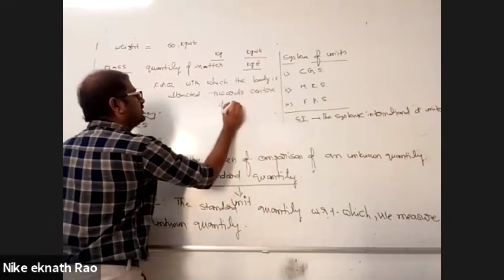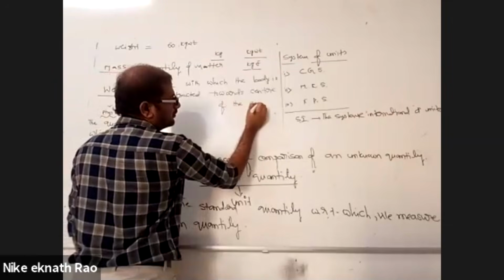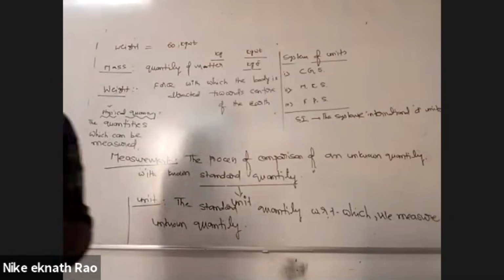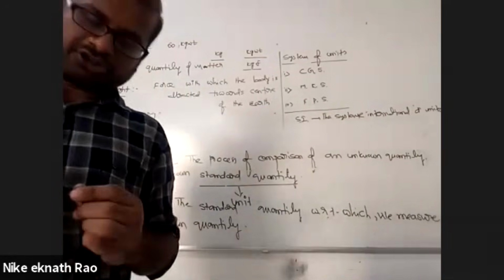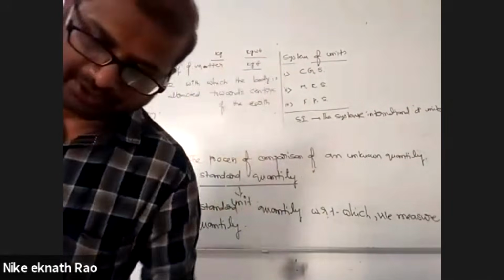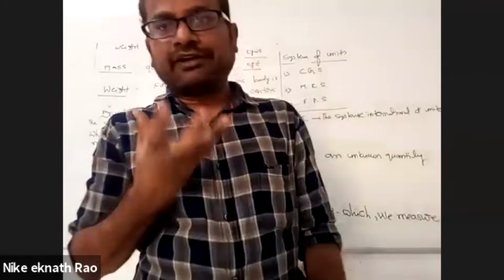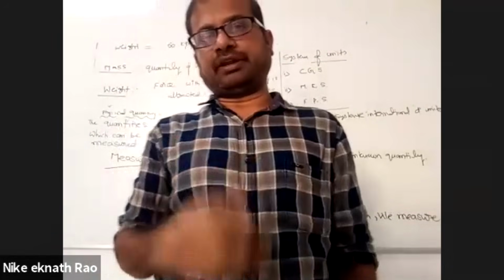So the force with which the body is attracted towards the center of the earth is defined as the weight of the body. So weight is a force, mass is a quantity of matter. Keep in mind, all of you.